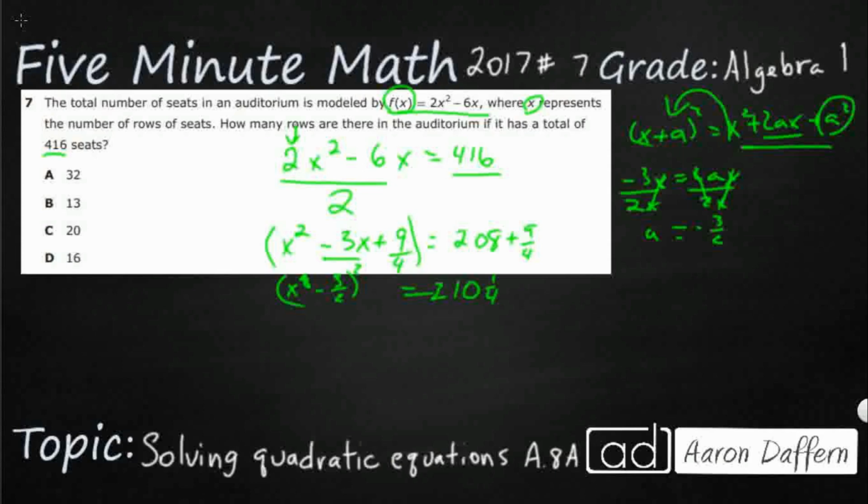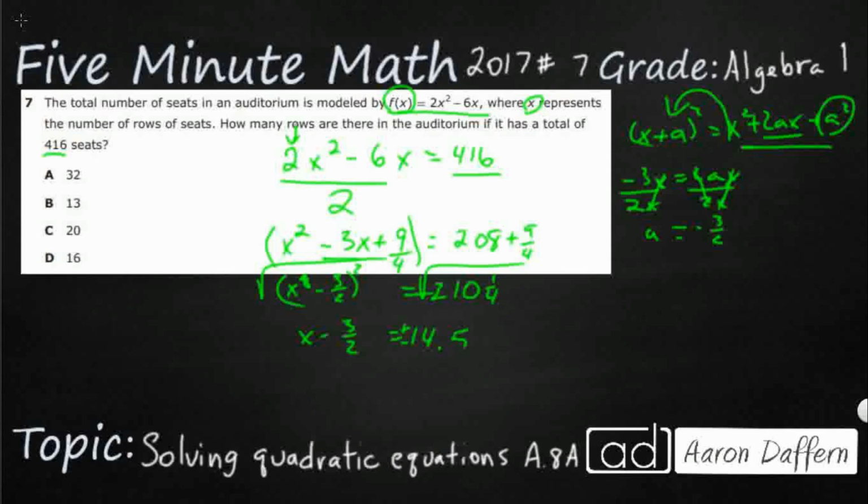Okay? Now, let's just take the square root of both sides. If we take the square root of both, it's going to be x minus 3 halves, which is what we're looking for. And then the square root of 210.25 is going to be 14.5. It's going to be plus or minus because both would work.